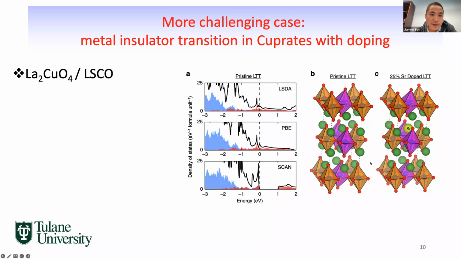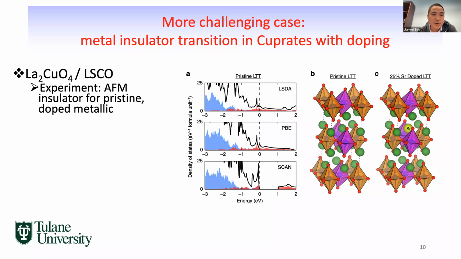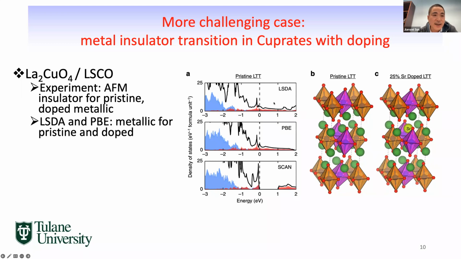Now the problem with previous density functionals in DFT is that experimentally we found the pristine one is antiferromagnetic and insulating, but when you dope it, it becomes metallic. But LSDA and PBE predict the pristine one to be a metal.